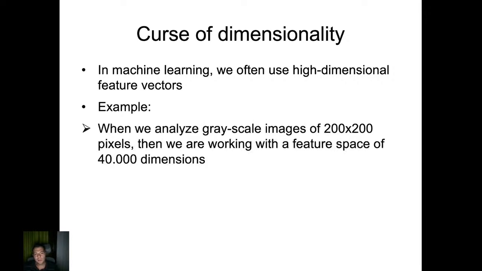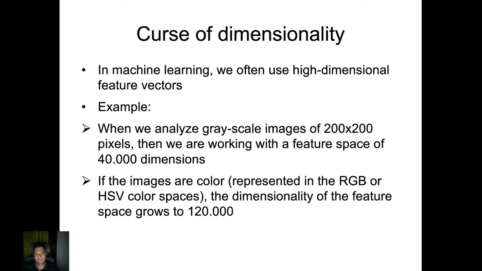For example, if we analyze grayscale images of 200 by 200 pixels, then our feature space has about 40,000 dimensions. And if the images are color images, represented with R, G, and B channels, then the dimensionality grows to 120,000.